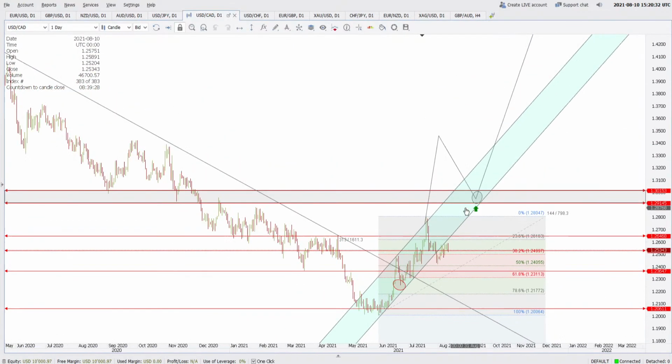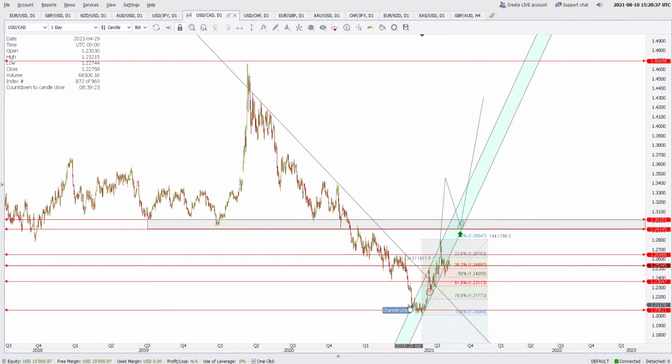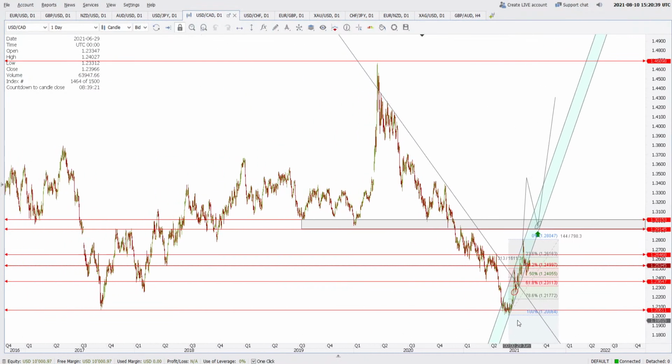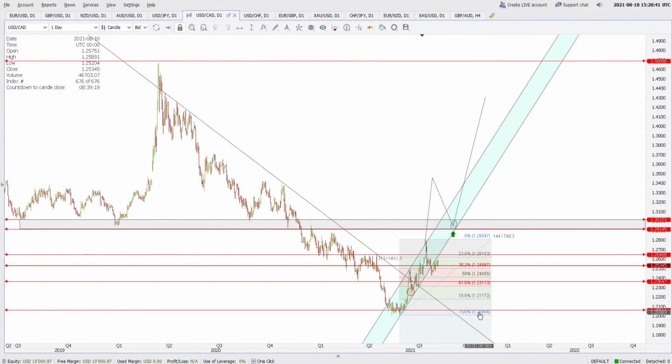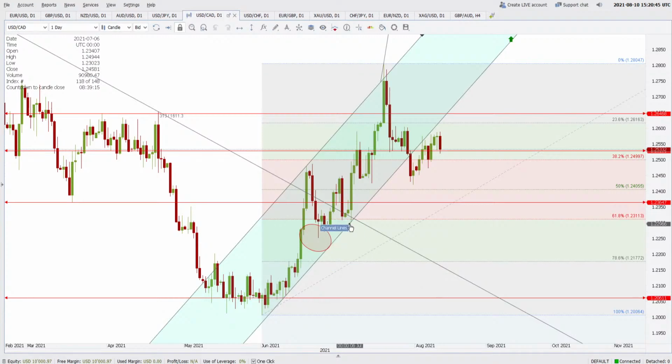Although in the longer term we are bullish on this one, because it has tested this long term range support and also has broken this long term falling trend line, has tested that as a new support, has made a higher low here and a high here, which is a higher high, and this will be your higher low if the price is able to break this high here, which was around 1.2622.